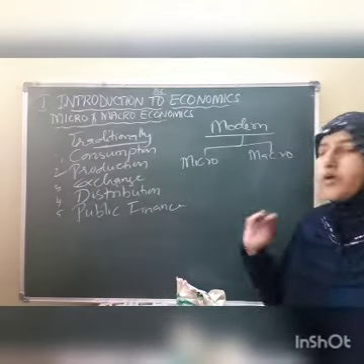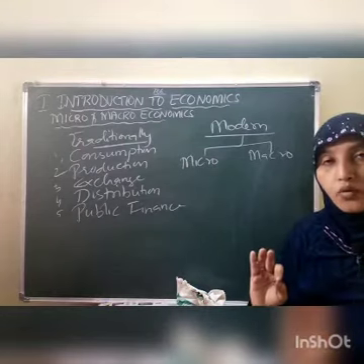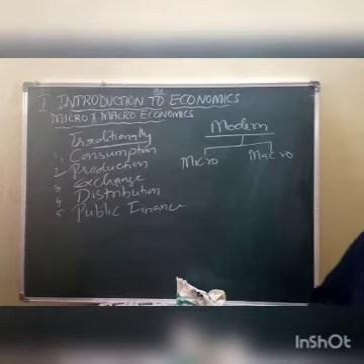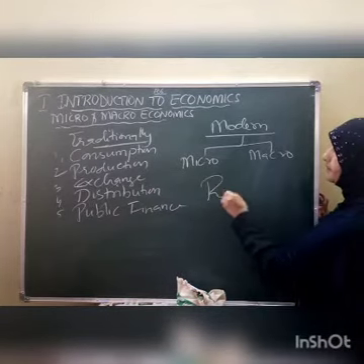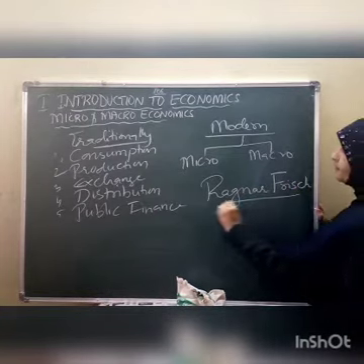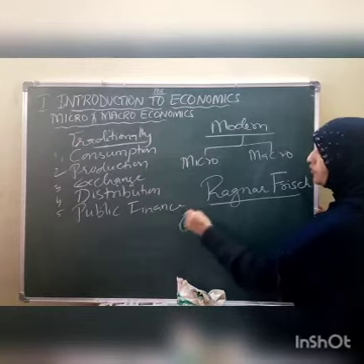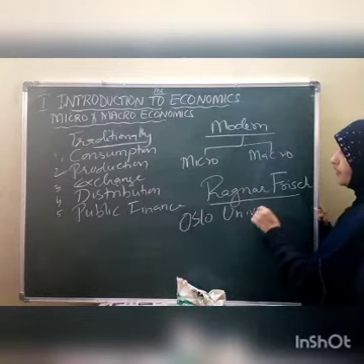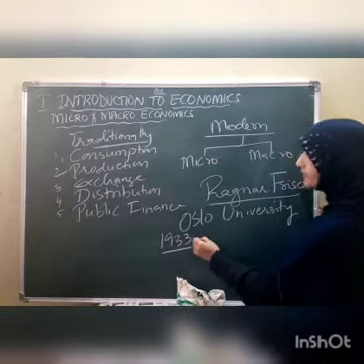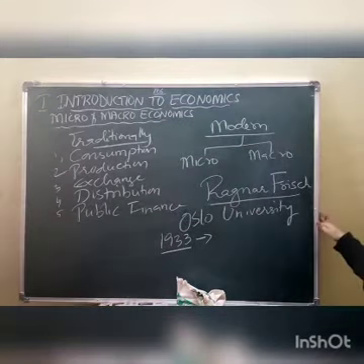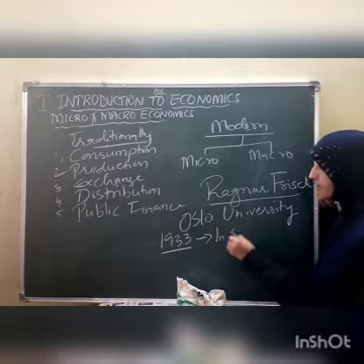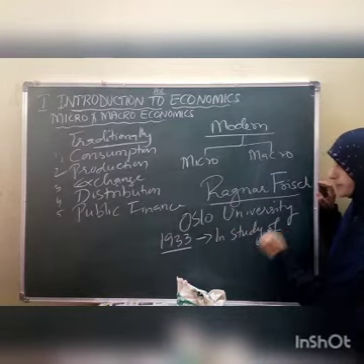Who was the first person who laid down the words micro and macro? The person was Ragnar Frisch of Oslo University. In the year 1933, for the first time, he explained microeconomics and macroeconomics in the study of economics.